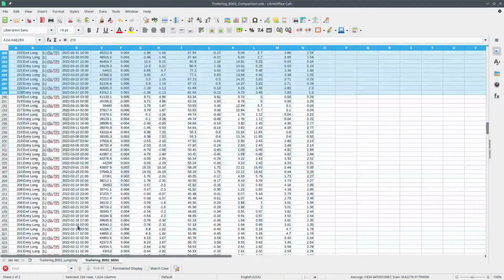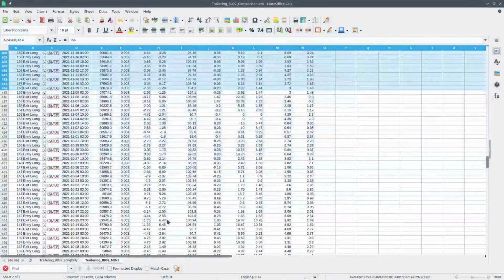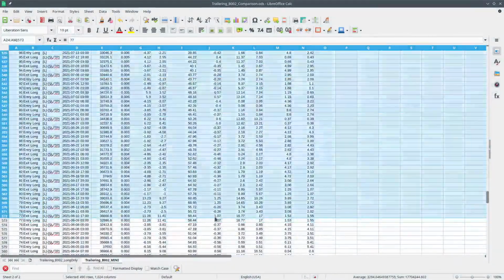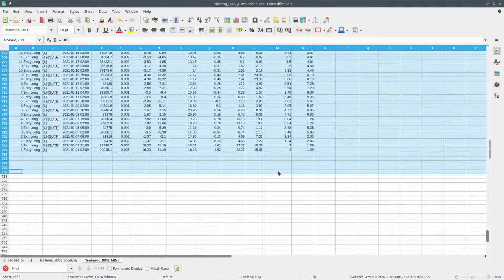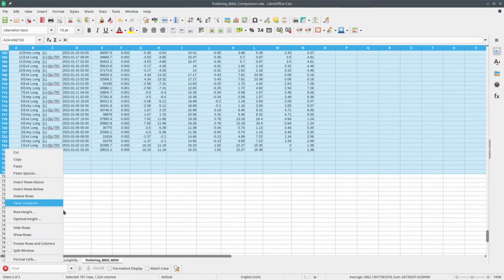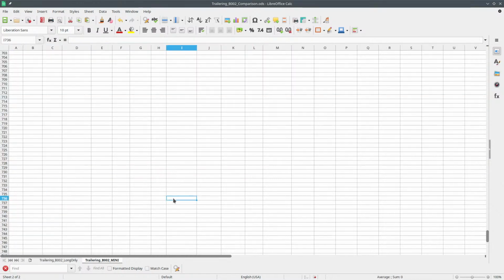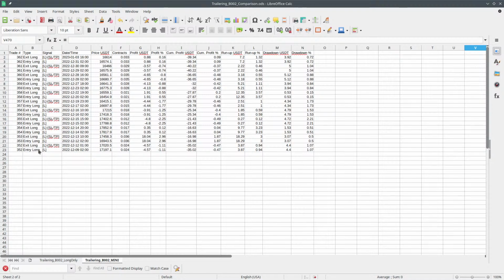Hopefully with 10 trades it's good enough to understand if this is going to work or not, otherwise this is not going to be fun. Okay, let's remove all of these lines here.